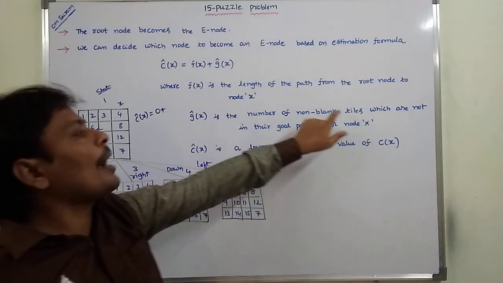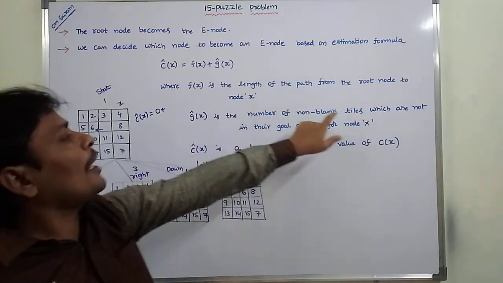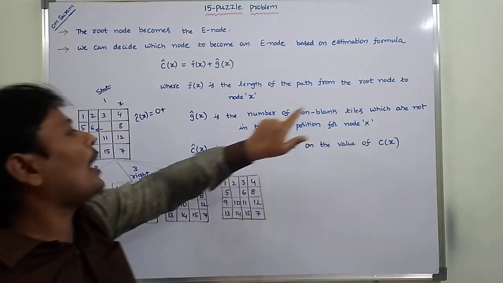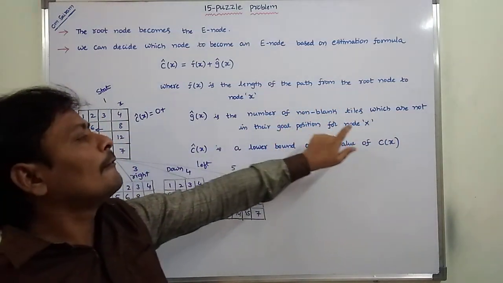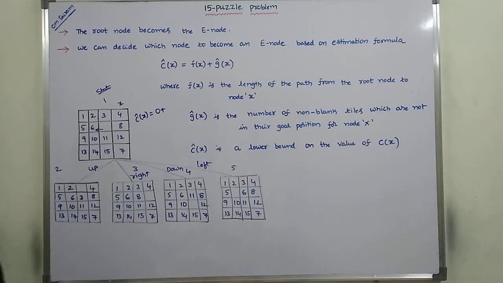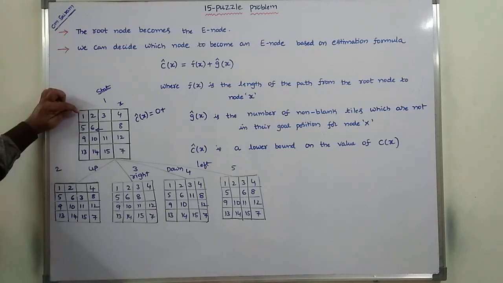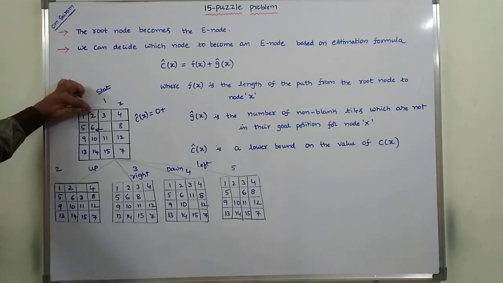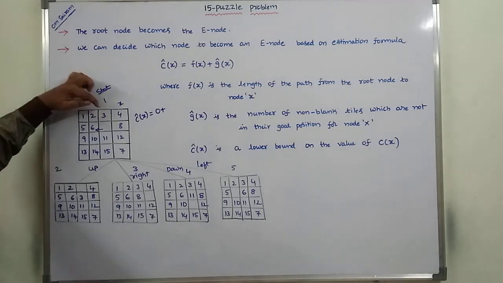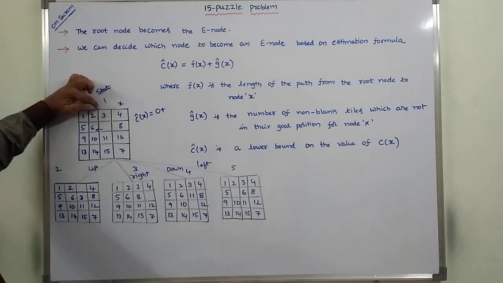of non-blank tiles which are not in their goal position for node x. Okay, that means tile 1 is there in the correct position when we compare to the goal position. Yes. Tile 2, yes, it is in correct position. Tile 3, it is in correct position.